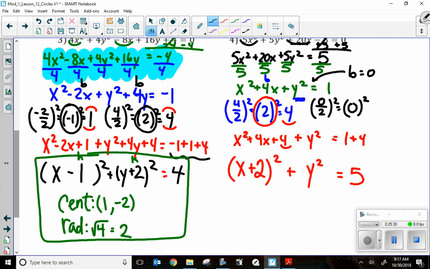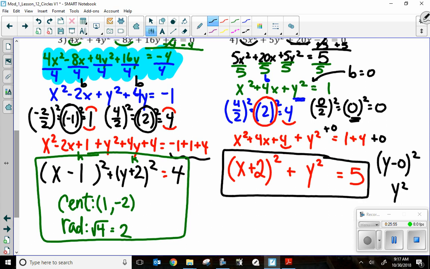That's 0 squared, which would be 0. So I would literally add nothing to both sides, which means it doesn't change anything below here. Which means what would go in parentheses with my y? A 0. Y minus 0 is still y. Okay? So you still end up with this, which is A-okay.